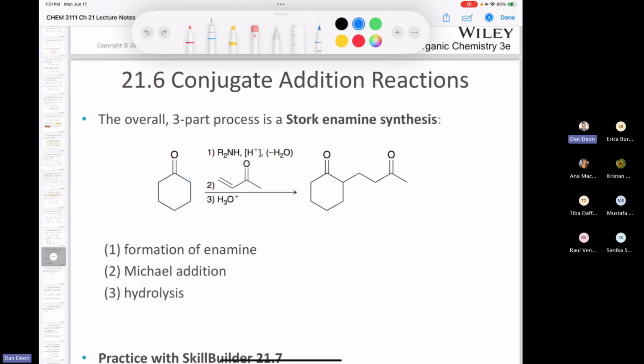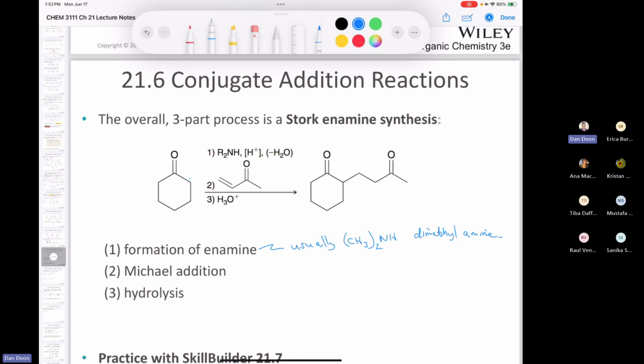So if you're wondering what enamine should I make, because there's lots of secondary amines out there, I looked this up in the solutions manual before, he usually uses this compound, (CH3)2NH. So this is called, you guessed it, dimethylamine. So he uses dimethylamine and a catalytic amount of acid and removal of water.